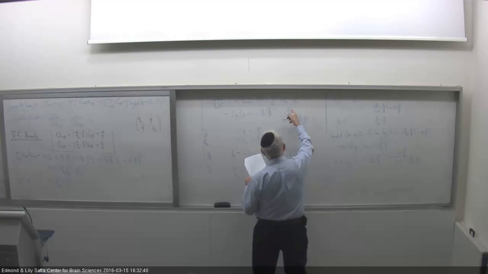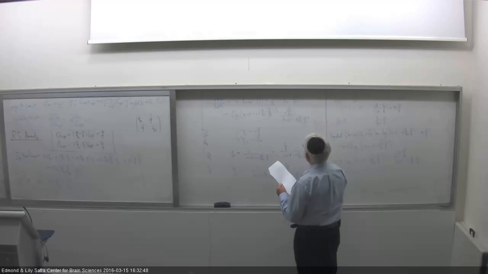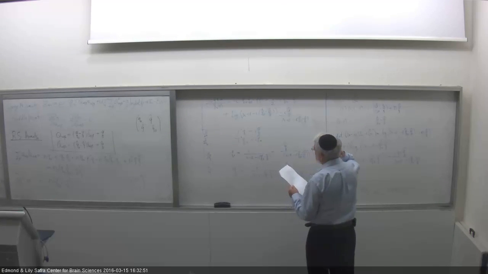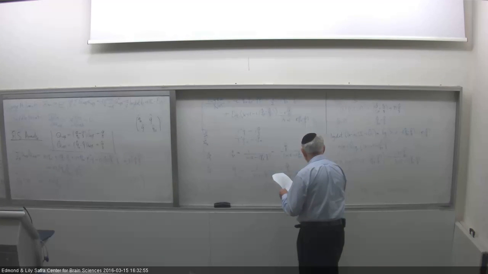But because of this Q hat, I have another term, which is minus I divided by the same guy. Sorry, here I need a square. Lambda minus I epsilon minus I Q0 hat minus Q hat, and then here square.